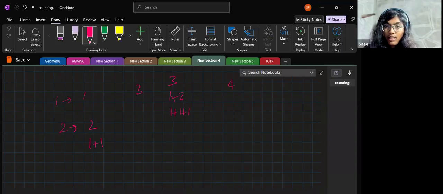For four you can write it as four, or one plus three, or two plus two, or one plus one plus two, or one plus one plus one plus one. Do you see what I'm getting at? I want to see how many ways there are to break down a number.